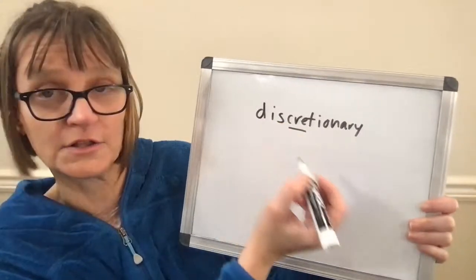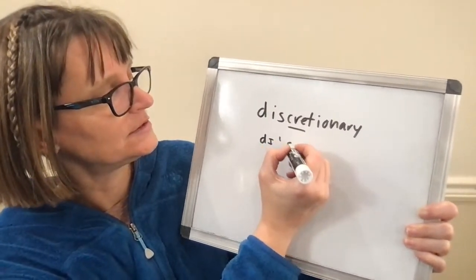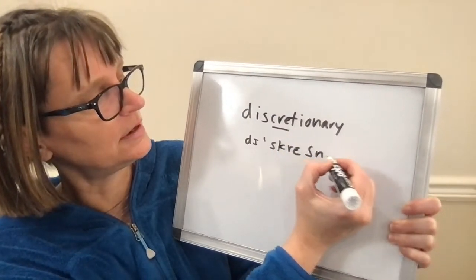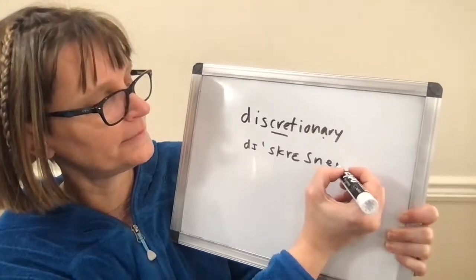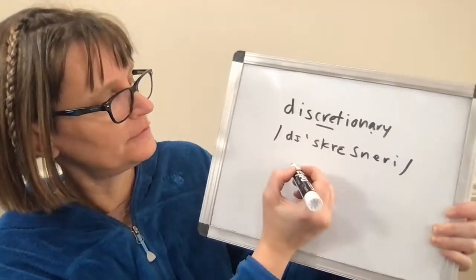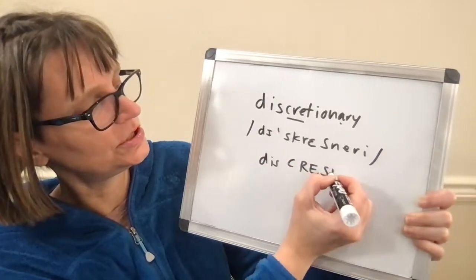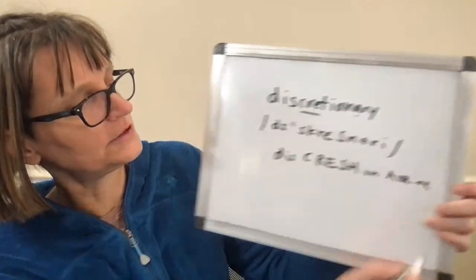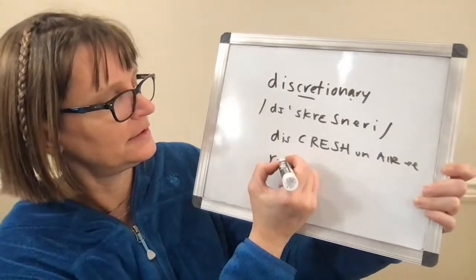We have then an unstressed first syllable, so it sounds like dis. And we have this ARY, which is the air diphthong. So I would rewrite that like discretionary.